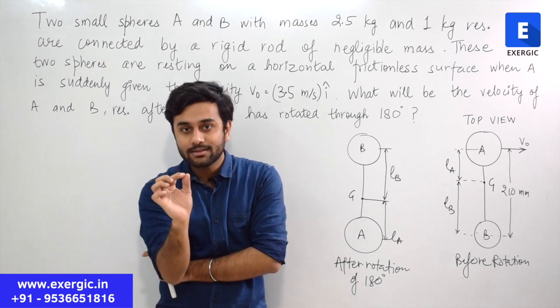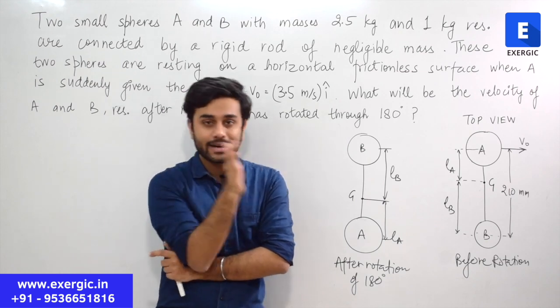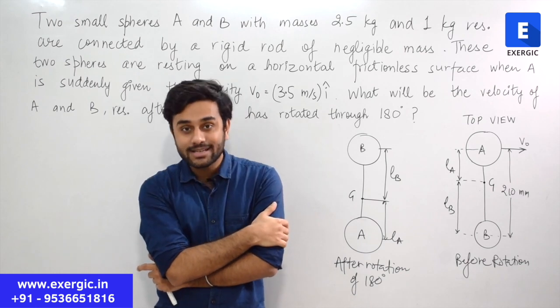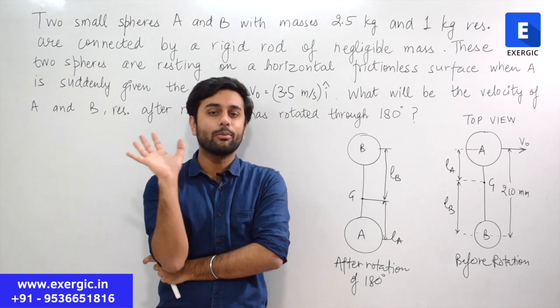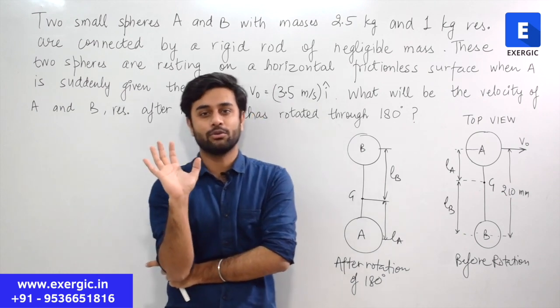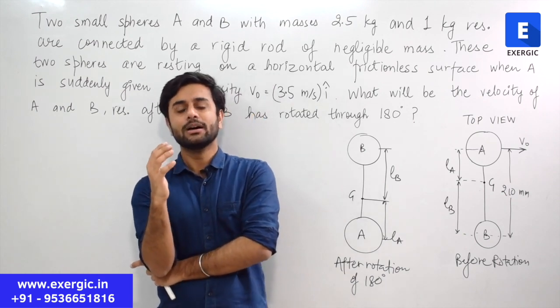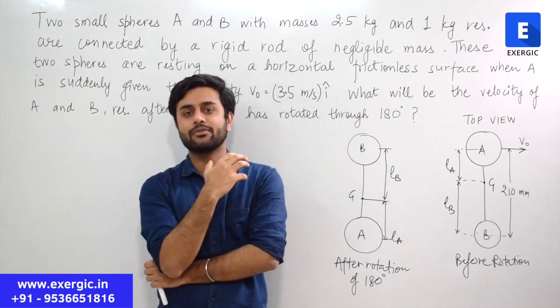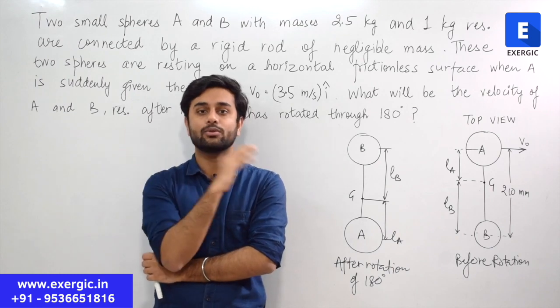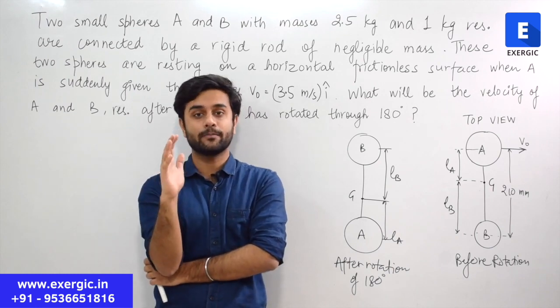The most logical approach in this case should be to do something with the momentum. Mass and velocities are given to you, right? I'm just talking in layman terms. I'm trying to explain this question as if you don't know any concept of how to approach the question and you are a beginner.